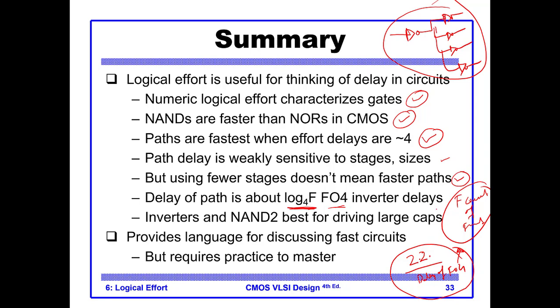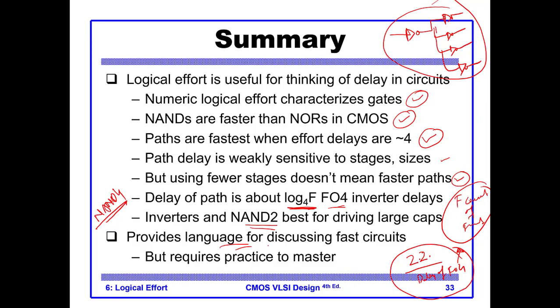Inverters are best for driving large capacitances. So remember that NAND 4 was not the best option. Smaller size gates can give you faster delays. So logical effort gives you a sort of language for talking about the delay of circuits.